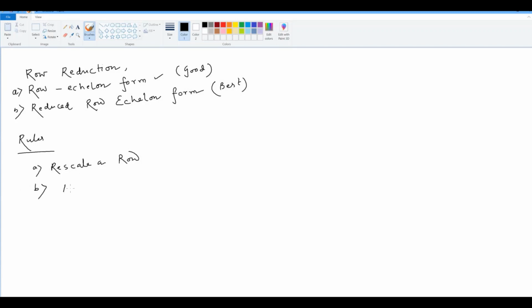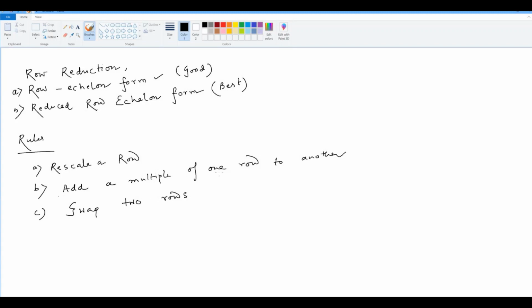You can add a multiple of one row to another, and the third one is swap two rows.